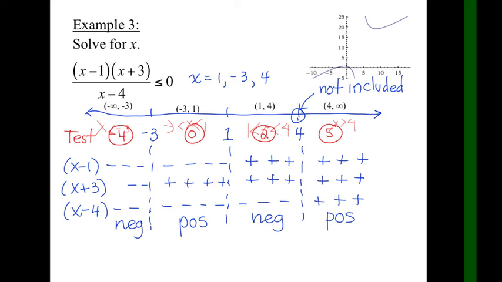Sabi dito, less than or equal to 0. So, negative yung kukunin natin. So we will get all the negative. Okay?